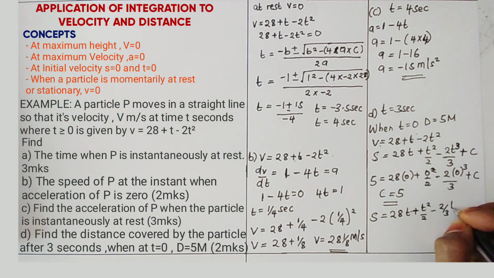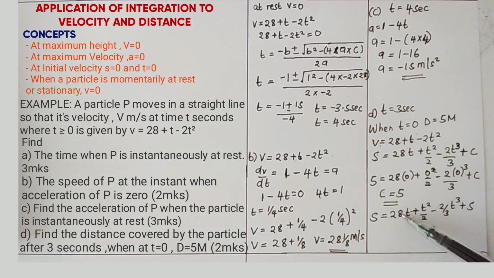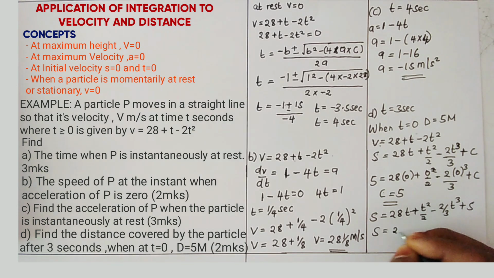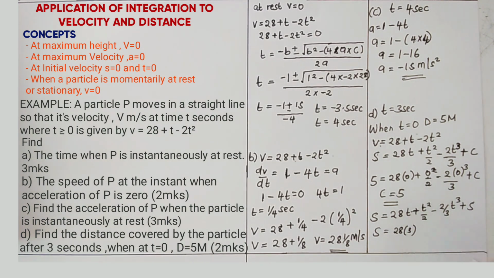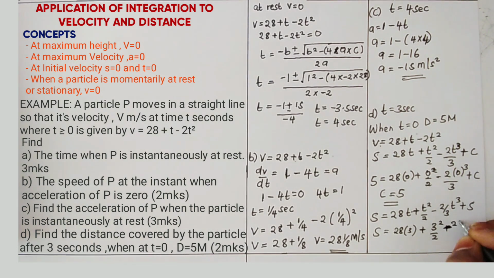t cubed plus 5. But I have been told find the distance after 3 seconds. So I substitute the value of 3 into the equation. So I say s is equal to 28 into brackets 3, right, plus 3 squared divided by 2 minus 2 over 3 times 3 cubed plus 5.